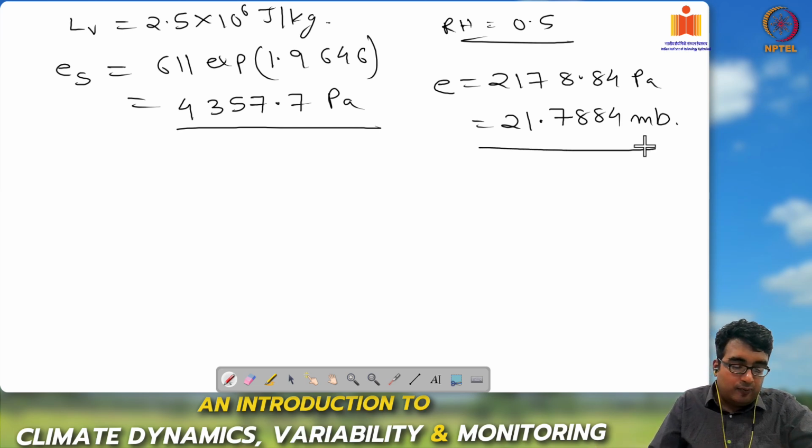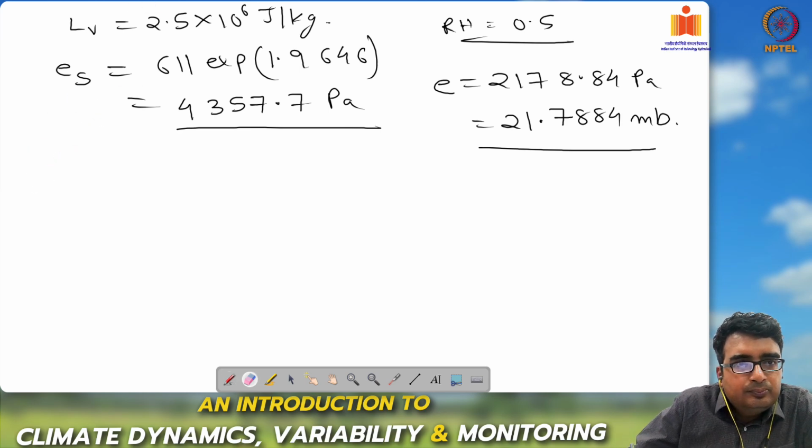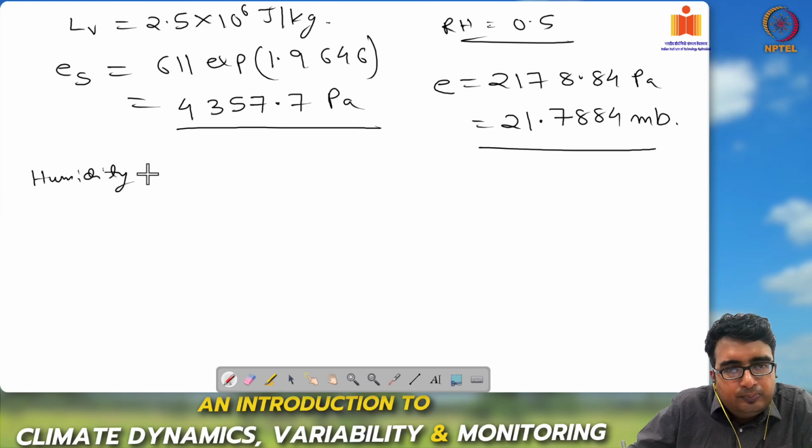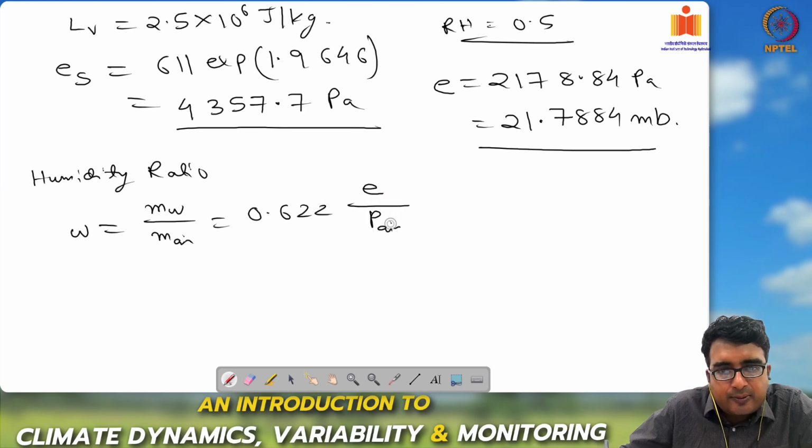Okay. Next, we have to find the mass of water vapor in 1 kg of air. Here, the humidity ratio omega equals m of water by m of dry air, which is equal to 0.622 E by P of dry air.